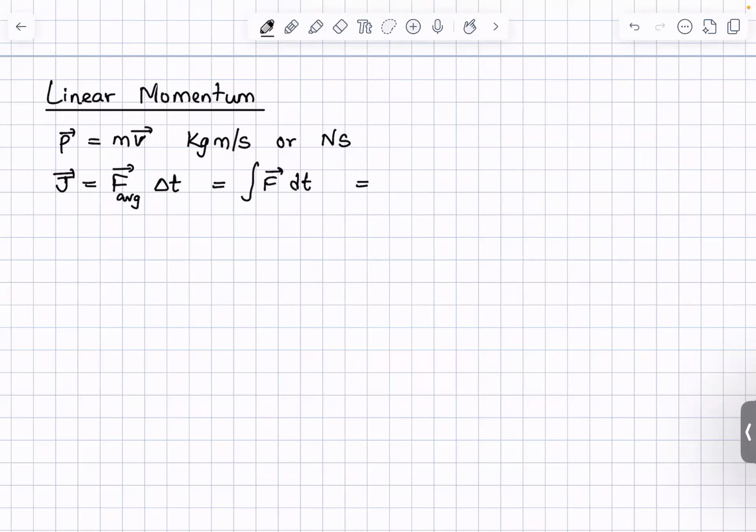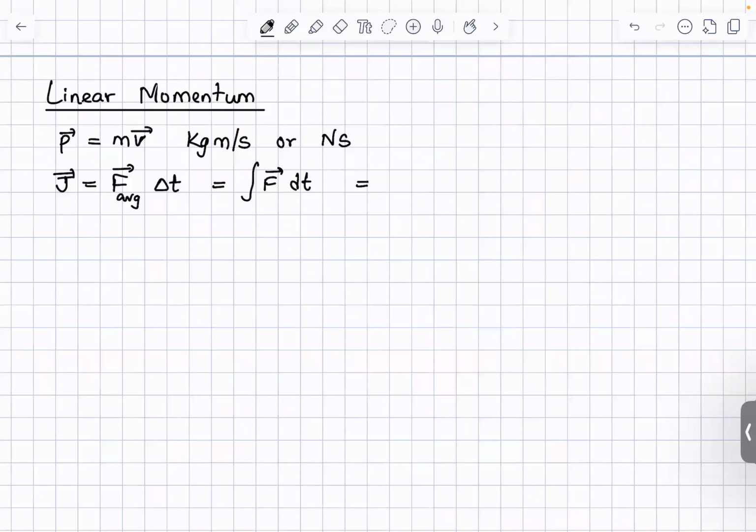And how do we connect impulse and momentum? So, Newton's second law: force equals change in P over S. So, force times S equals change in P, where S is time.